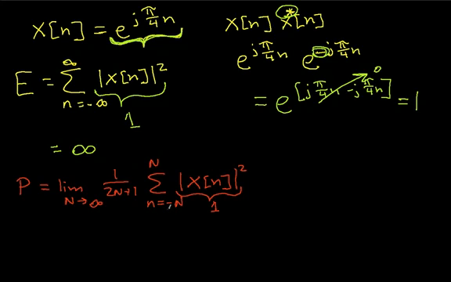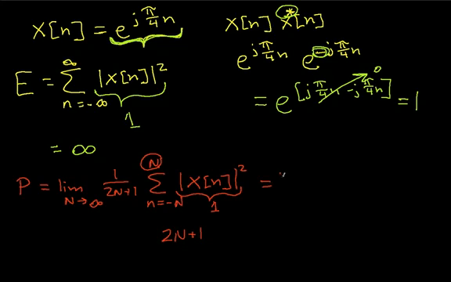Then there's the 0th term, when n is 0, that's 1 term. And then going from 1 to capital N, that's another N terms. So the number of terms in this summation is 2N plus 1. And each term in the summation equals 1, so if I take 2N plus 1 ones and add them all up, I get 2N plus 1.